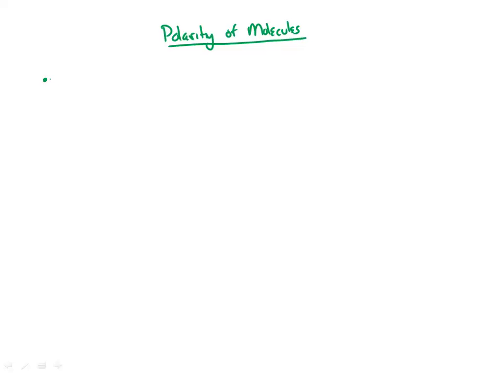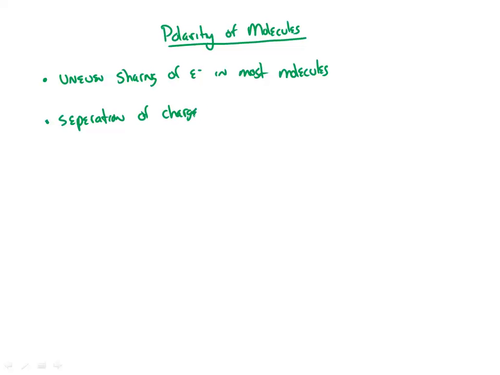So the idea is that there is an uneven sharing of electrons in most molecules. And what that does is it leads to a separation of charge. We talked about this earlier, but an example of that might be the HF molecule.